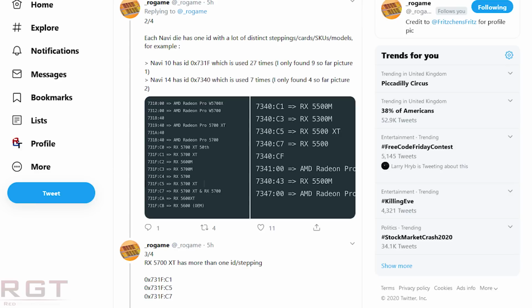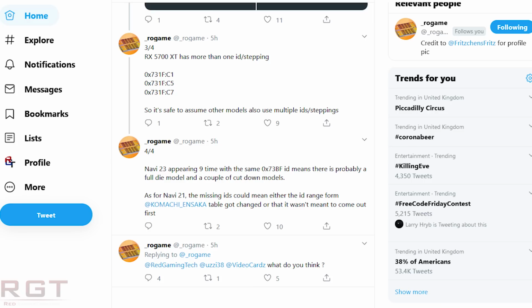Navi 10 has an ID of 0x731F, and it's used 27 times. And meanwhile, Navi 14 is 0x7340, which is used 7 times. Which means that most likely Navi 23 appears 9 times with the same ID. So most likely there's going to be a full die model of this GPU.